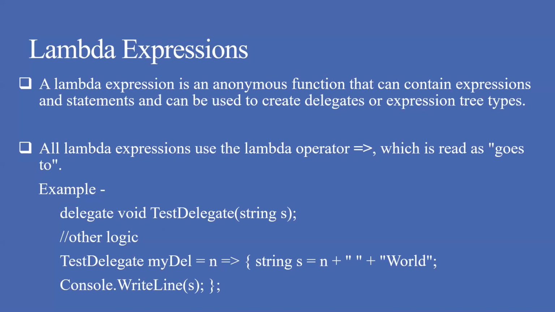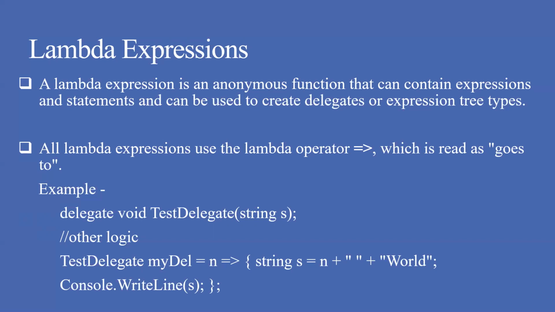Here we see an example. We have a delegate named test delegate. Then you write any other logic, and the delegate is taking one string parameter s. Then you are calling the delegate by using a lambda operator, or a lambda expression.